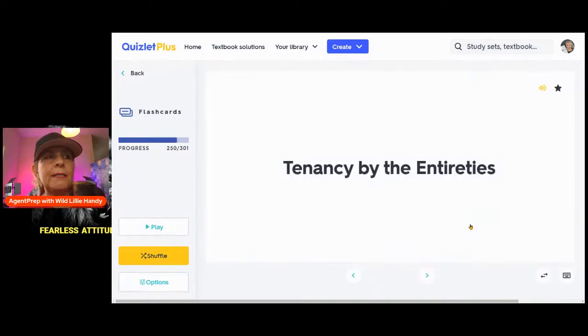Misrepresentation. Tenancy by the entireties, one of the four major forms of ownership of real estate property. Tenancy by the entireties. Is that for married couples or not? Type it in the chat.